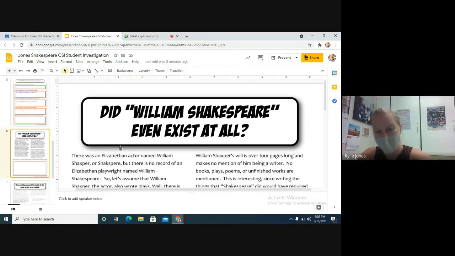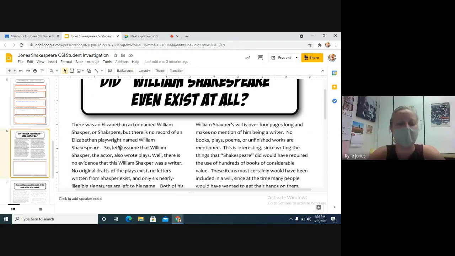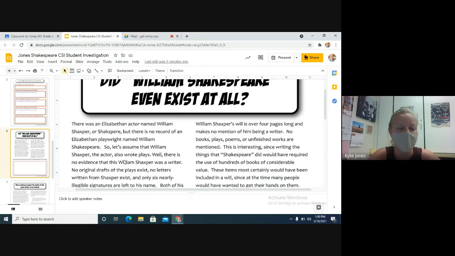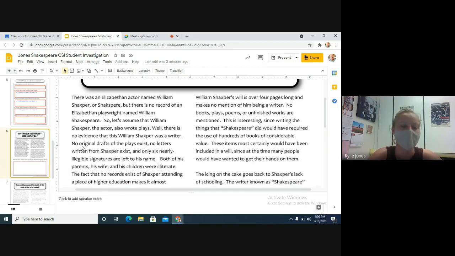So it says, there was an Elizabethan actor named William Shakespeare, but there is no record of an Elizabethan playwright named William Shakespeare. So let's assume that William Shakespeare, the actor, also wrote plays. Well, there is no evidence that this William Shakespeare was a writer. No original drafts of the plays exist.